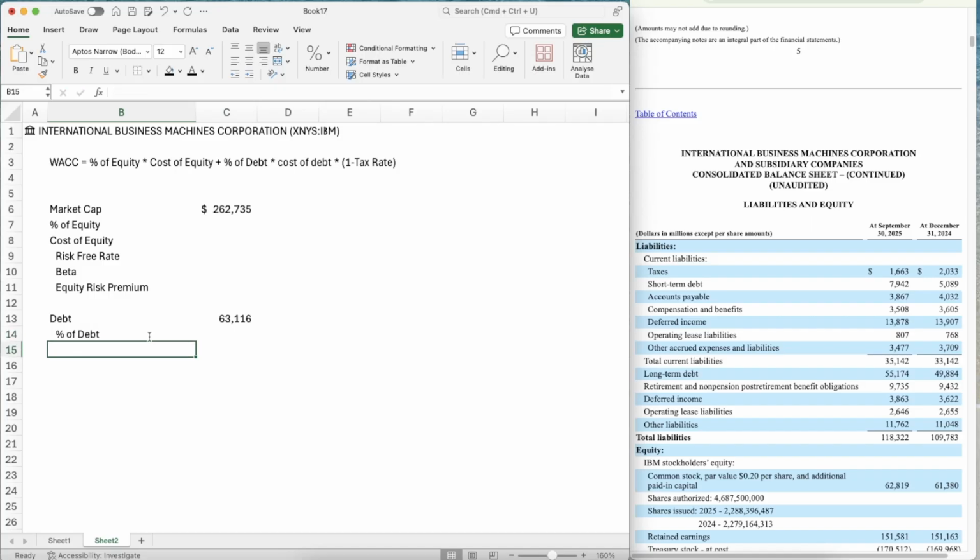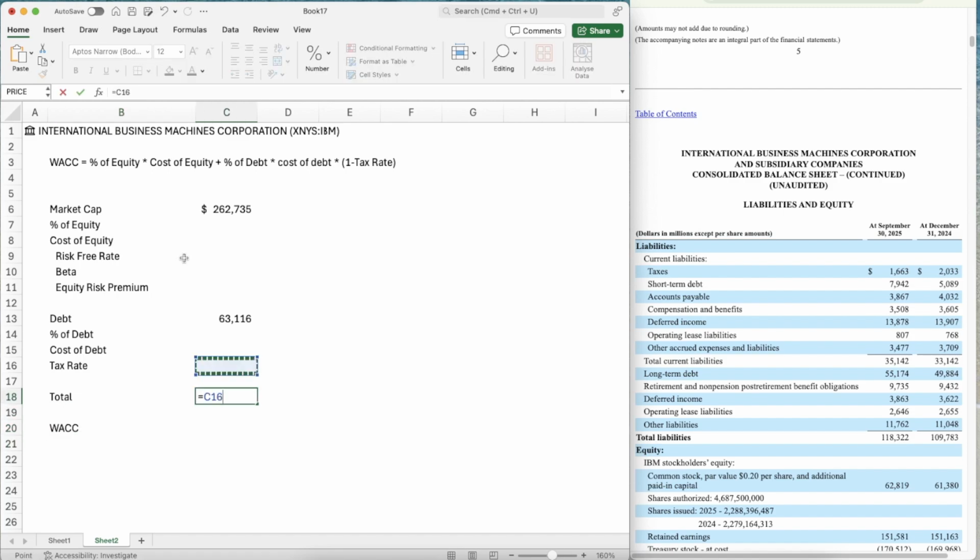Below that, percentage of debt. Cost of debt. Tax rate. Total. Then we get our WACC. So total is market cap plus debt.